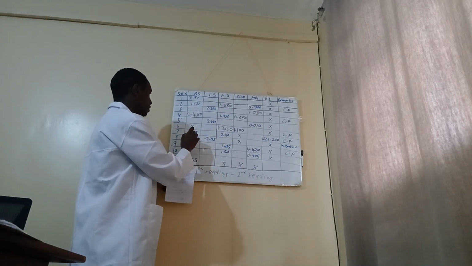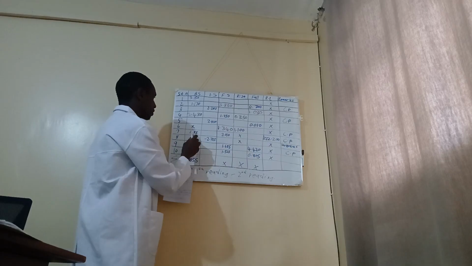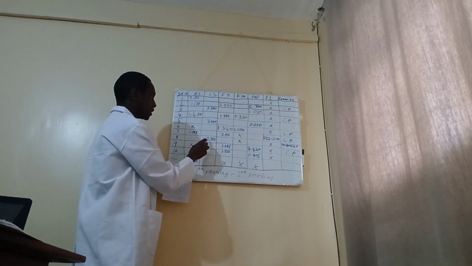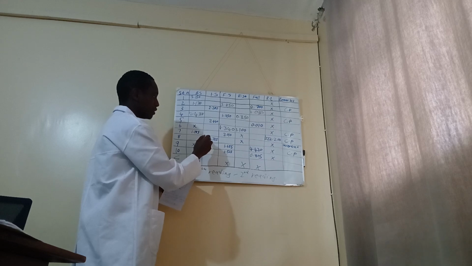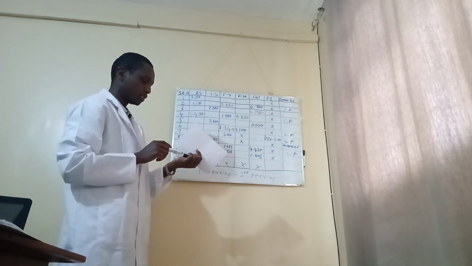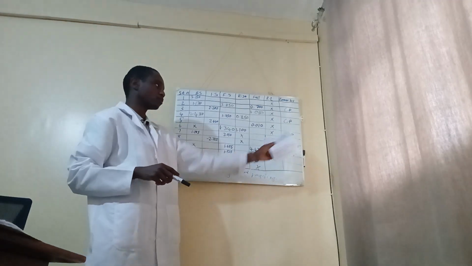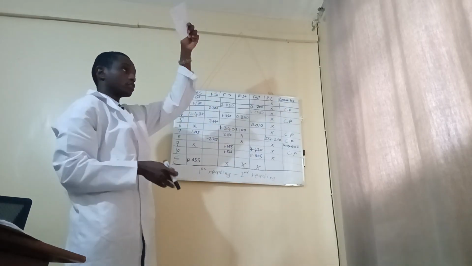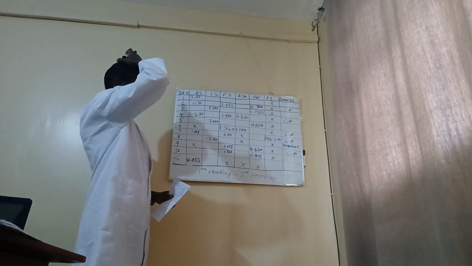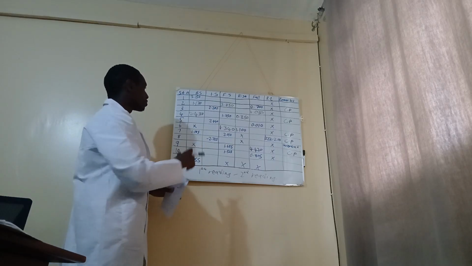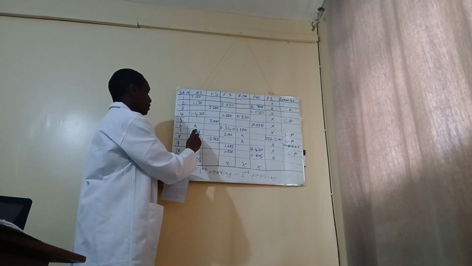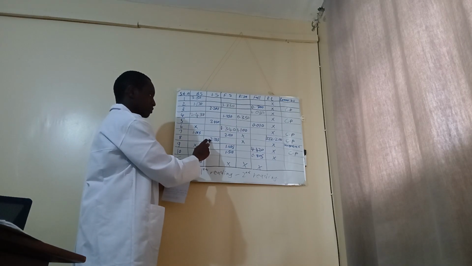The next one is, we are done with that set, so we go to the next set. It is this minus this. Notice here that this is a negative reading that is there. And it is negative because we are told the staff was held inverted. So the staff was held upside down. Maybe they were reading a soffit of a roof or something like that. So if it is negative, it means it is this minus this. So it becomes a positive.